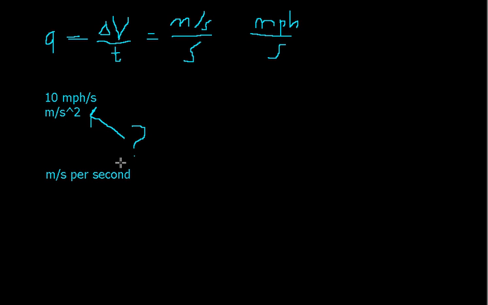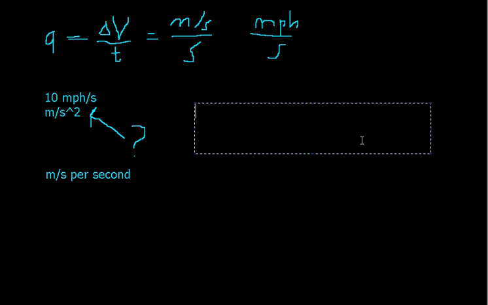Acceleration is how much you change your velocity in some amount of time. So what is the change in velocity? How else could we say that? Well, you could say that it's however fast you end up minus however fast you started off, right?